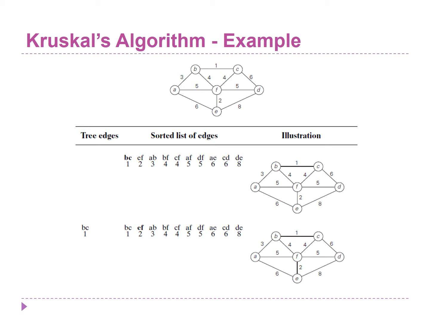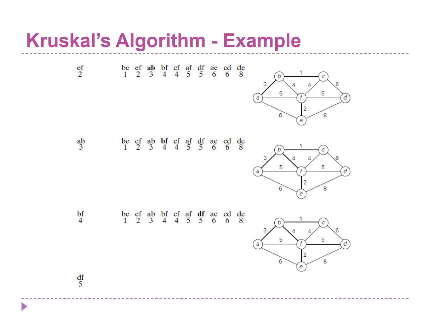as an edge in the minimum spanning tree. The next edge in the sorted list of edges is EF, which has an edge weight of 2. Including EF in the minimum spanning tree also does not create a cycle. Hence, EF is included as the next edge in the minimum spanning tree.